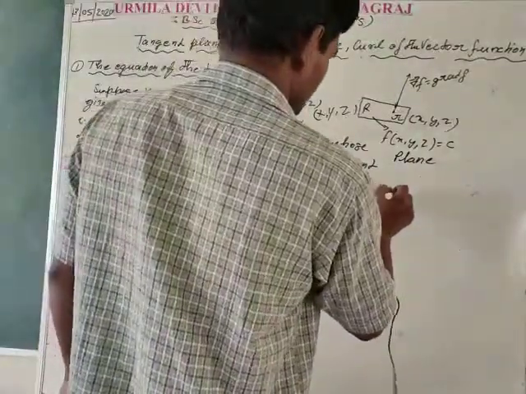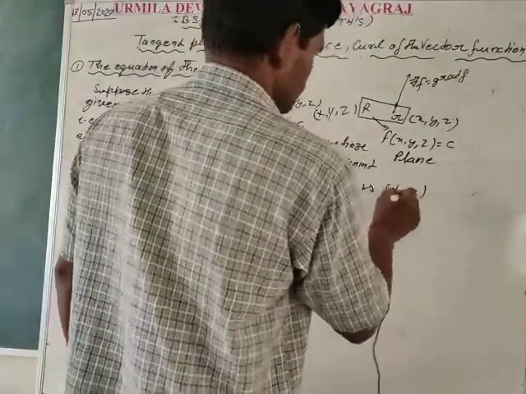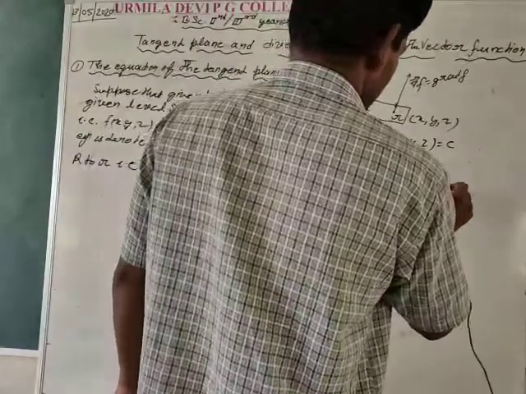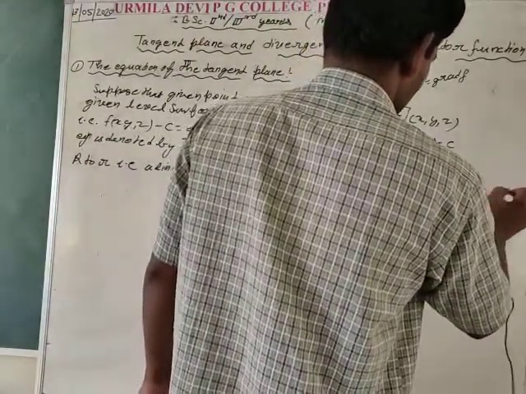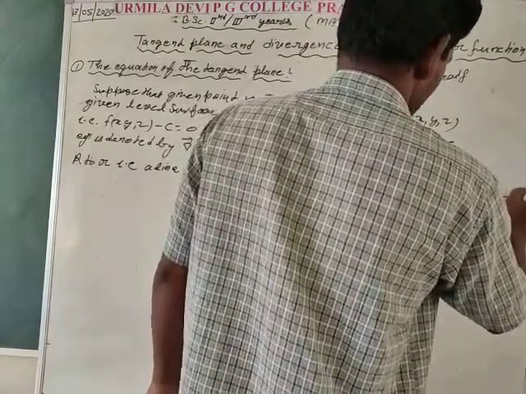(capital X minus small x) times i plus (capital Y minus small y) times j plus (capital Z minus small z) times k.